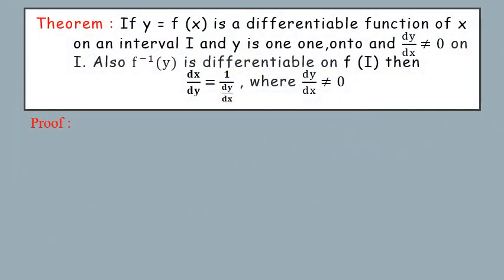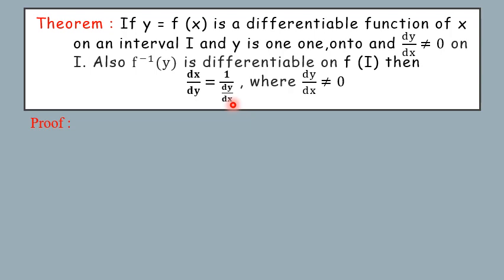Now first we are going to discuss this theorem. If y is equal to f of x is a differentiable function of x on an interval I, and y is 1-1 and onto, and dy by dx not equal to 0 on this interval I, and also f inverse of y is a differentiable function on f of I, then dx by dy is equal to 1 upon dy by dx.